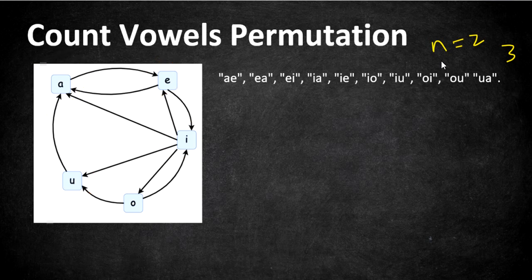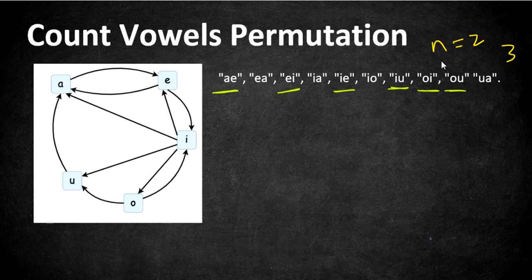As I said, we are going to pick the strings that end with E first. That could be AE and IE, and that's it. We don't have any other strings left that end with E. Next, we observe the strings which end with I. You could again have 2 more strings that end with I, and the next one is U. We again have 2 strings that end with U. In total we have 6 strings that can be appended with one more A to construct a string of length 3.